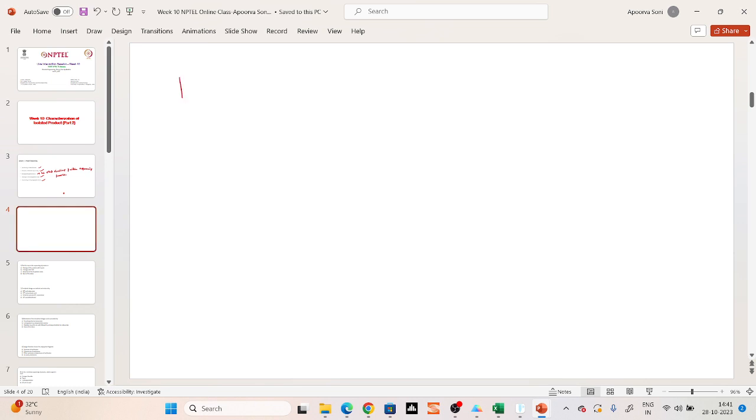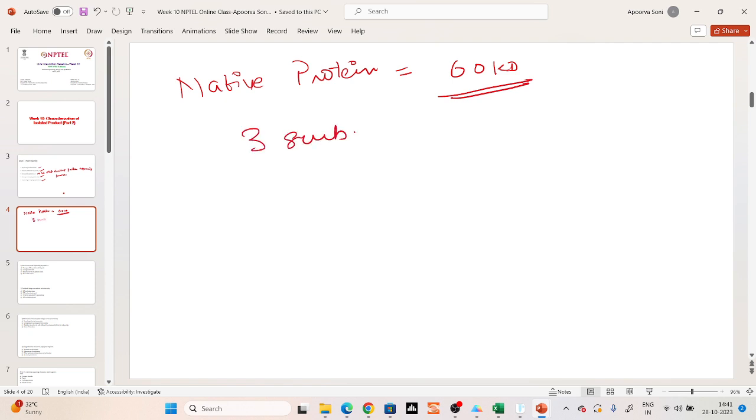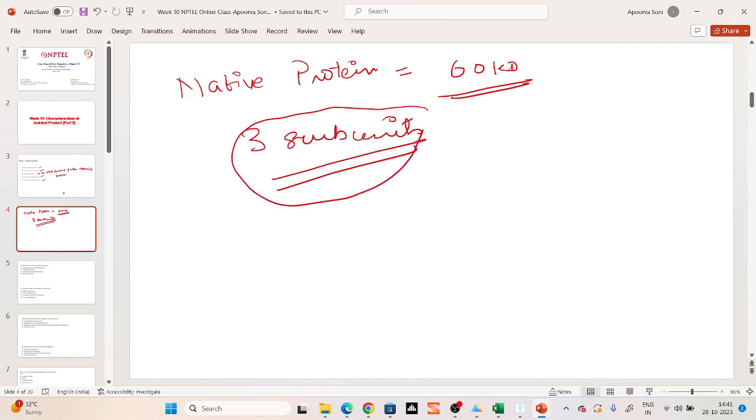So if your native protein is, let's say, 60, and it has three subunits, and these three subunits can have either the same molecular weight.